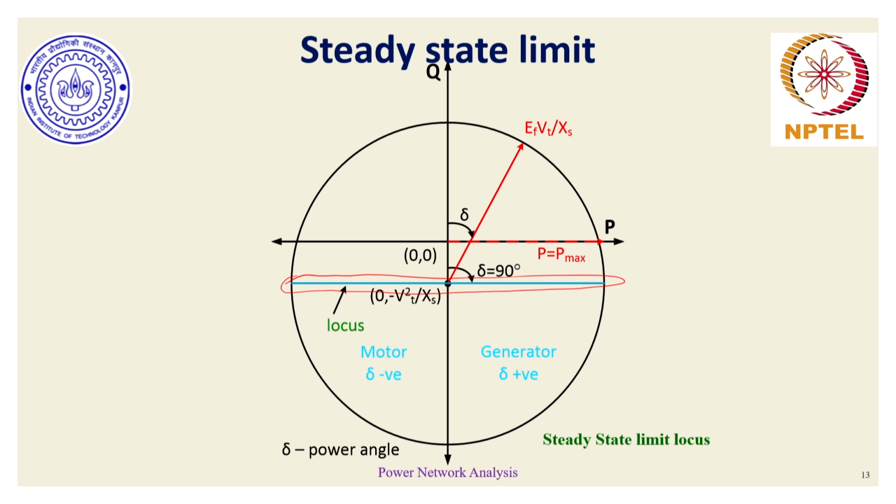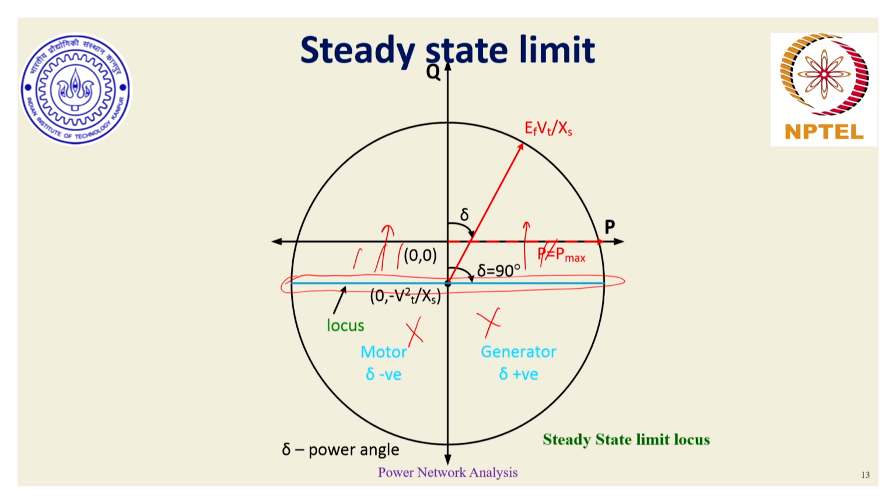Essentially, all points which are above this blue line indicate the safe operating points. All points below the blue line are prohibited points because the torque angle would be more than 90 degrees, which is not allowed. So all points above this blue line are the safe points.